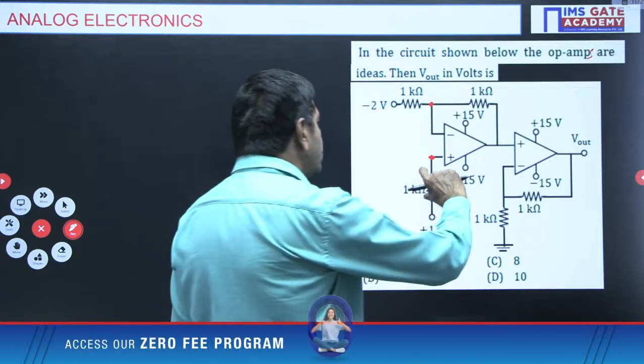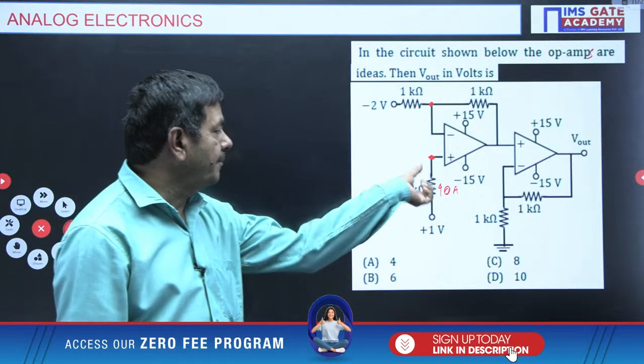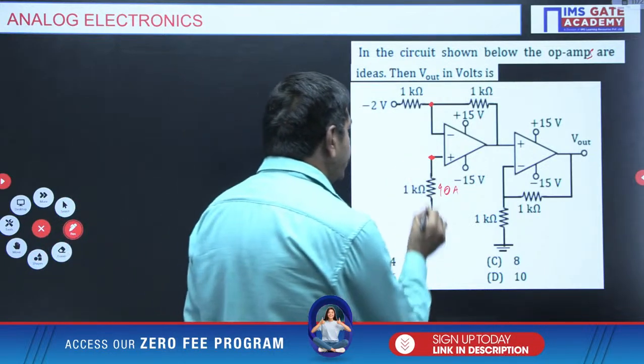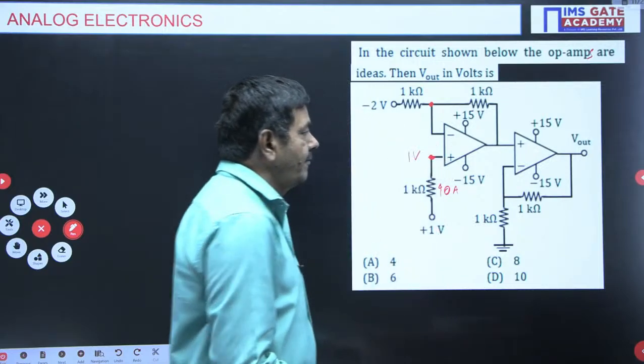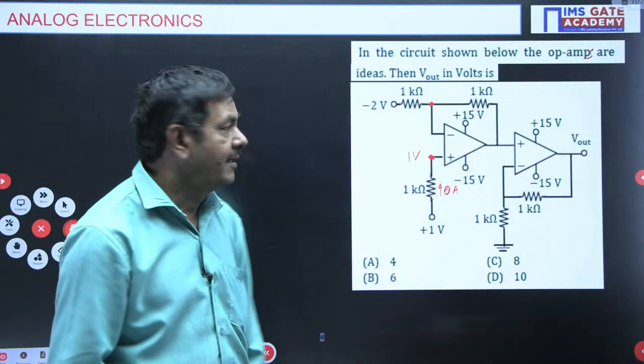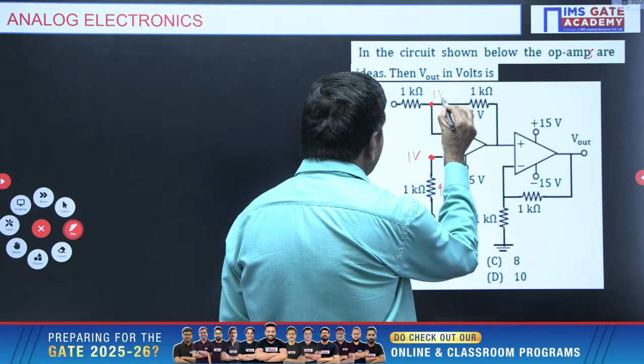Then the drop across 1 kilo ohm is 0 volts. We cannot find any voltage drop here. If 1 volt is given here, the same 1 volt you will get here. V plus is 1 volt only, and V plus equal to V minus, so this is also 1 volt.